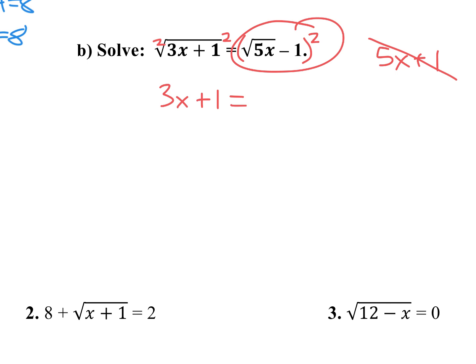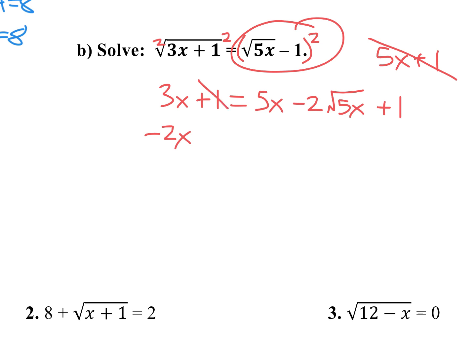So when you FOIL, you get 5x. Then you get minus rad 5x. And then you get minus rad 5x again. So it's actually minus 2 radical 5x. And then the plus 1. All right, so we still have a radical. So now we have to isolate the radical a second time. So if I subtract the 5x to the other side, I get negative 2x.